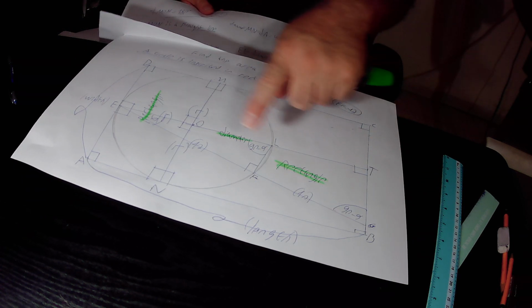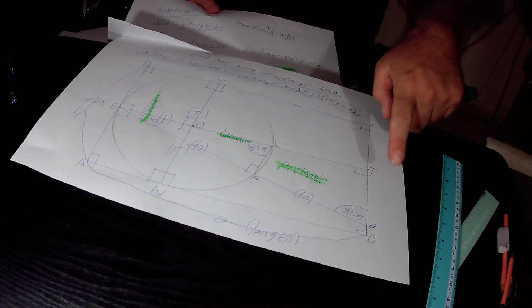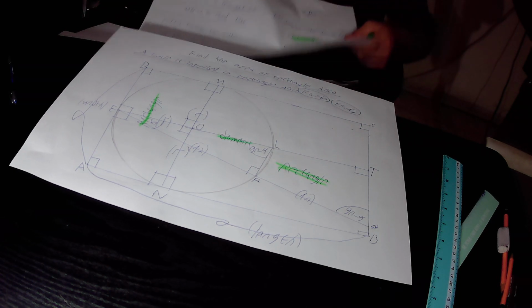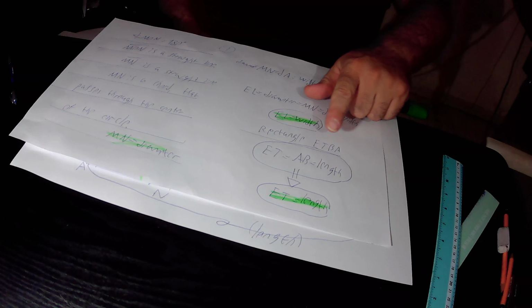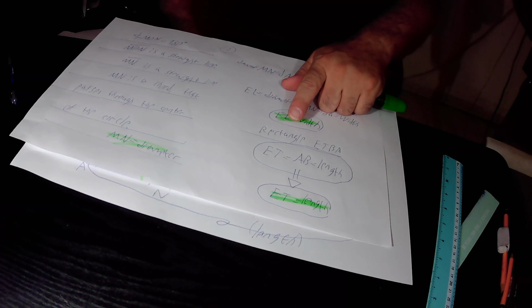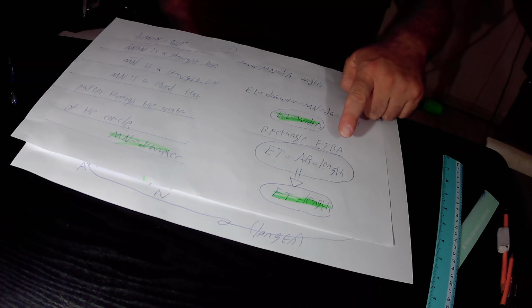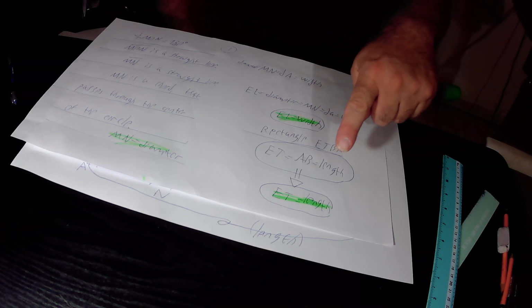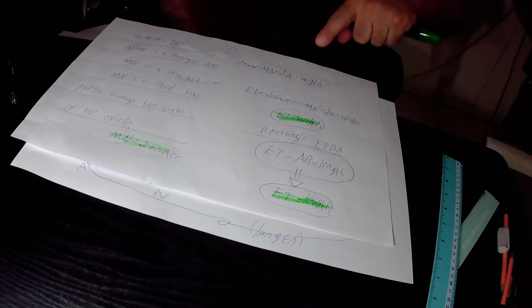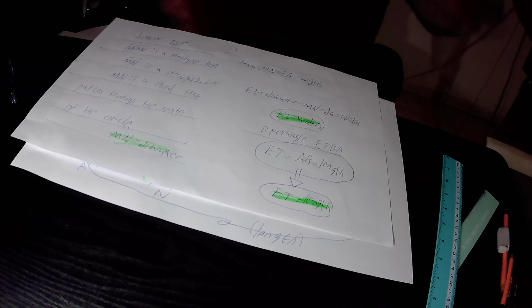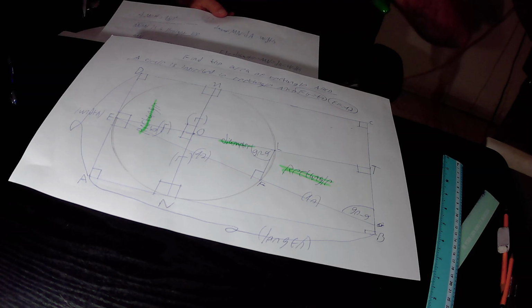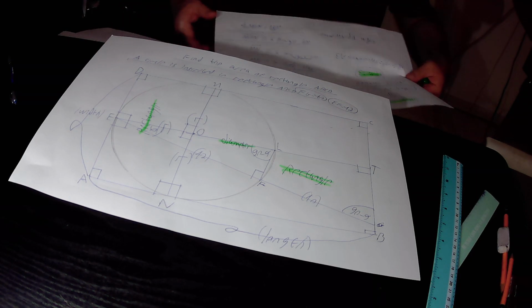But BA is the diameter of the circle, BA is the length of rectangle ABCD. So we can write here that BA is the length, and from this equation ET equals AB equals the length. We derive that ET is also equal to the length, and we already found out that EL equals the width. Our mission is to find out the area of this rectangle ABCD.